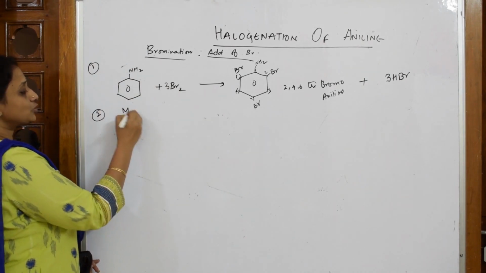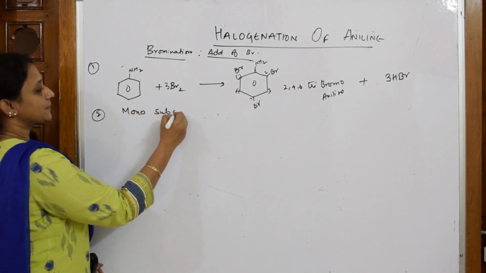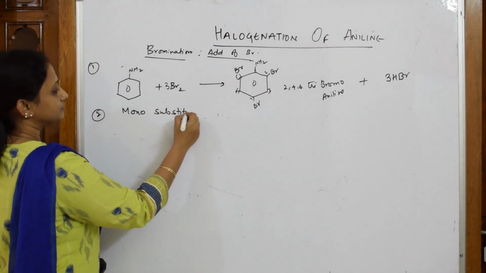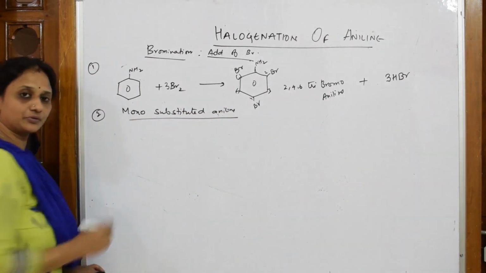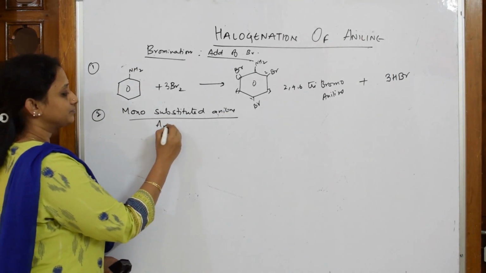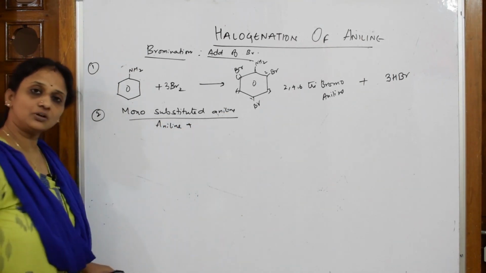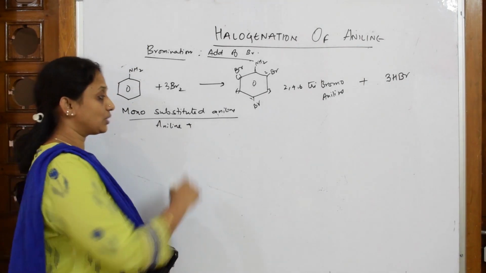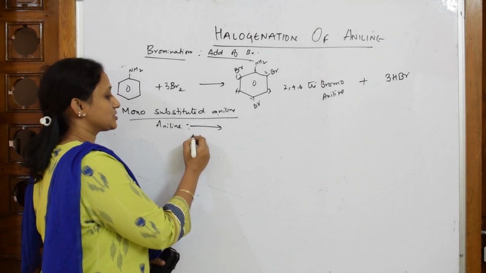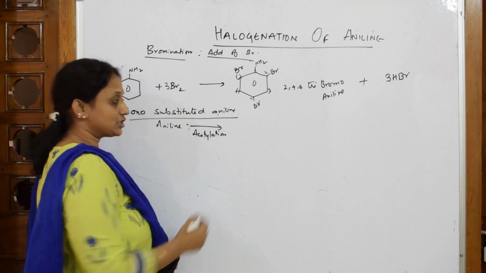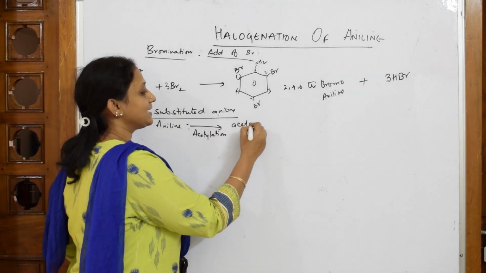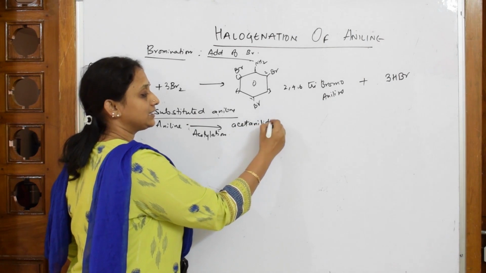Now second, to obtain mono substituted anilines, this is the procedure. Please observe carefully. First, what are we going to do? You are going to take aniline. To this aniline, you are going to allow it to undergo the acetylation process. When it undergoes acetylation, this will form a product called acetanilide.